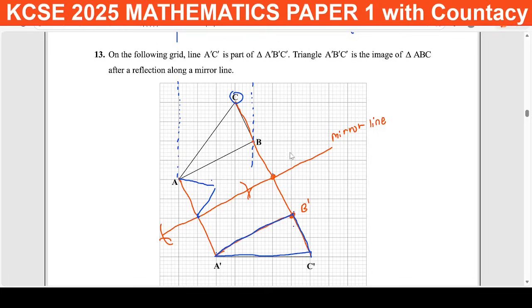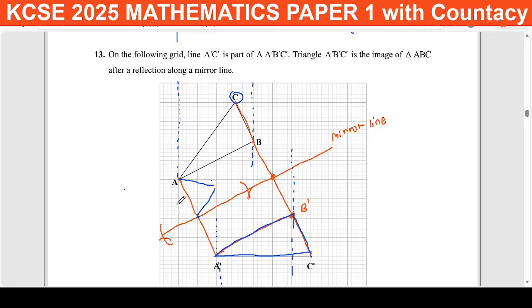What about here? That is B to A. This is now where the image is, that is point B and point A. This is a trick that you can use to check for yourself whether you really got it right. So how many units are there? 1, 2, 3, 4. So you'll notice that they are equivalent.